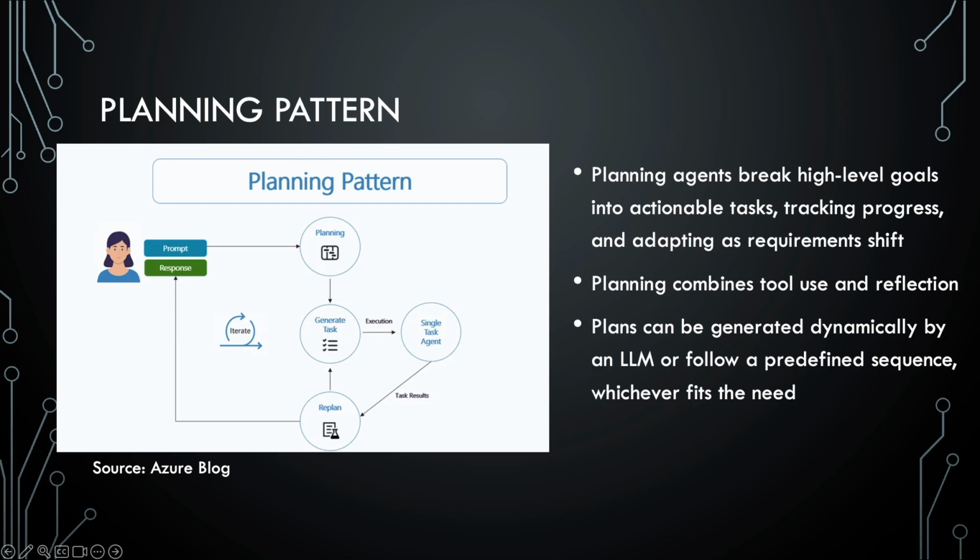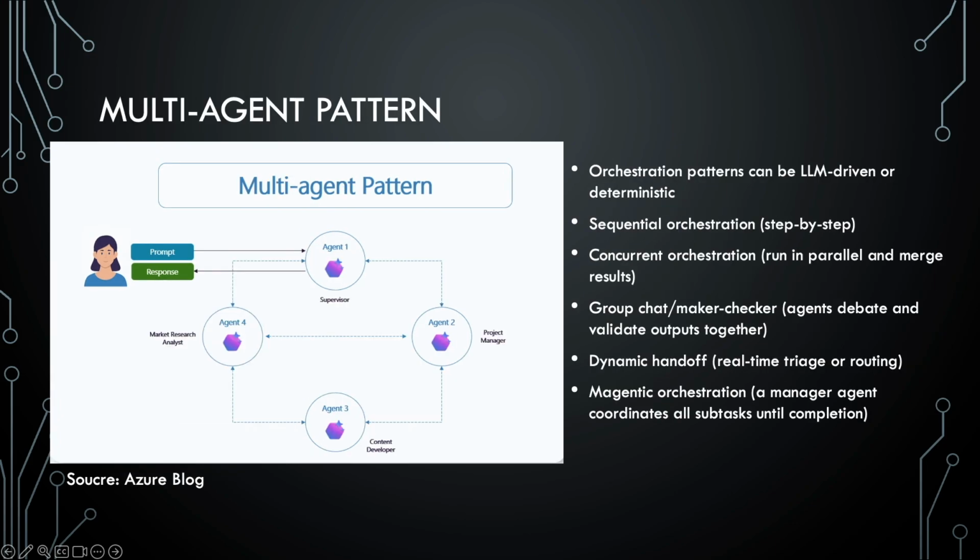Multi-agent patterns are emerging as one of the most promising approaches for implementing practical AI systems. When we talk about efficiently using multiple agents, we often discuss agent orchestration, or the ability for agents to work together to reach a goal. Orchestration patterns can be LLM-driven or they can be deterministic.